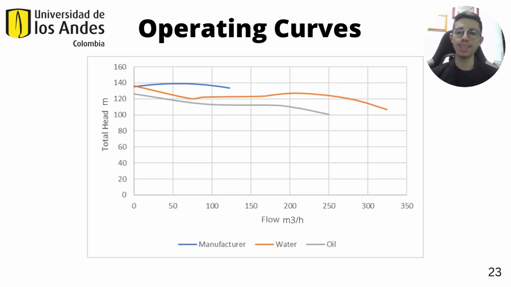Alright, I'm going to present the operating curves. As shown in the figure, the total head versus the flow rate of the manufacturer pump and the design pump with water and oil. As mentioned before, we present axial behavior in the flows of water and oil, in comparison with the manufacturer's curve that has a radial flow, which is one of the target flows when we design a pump, since it provides optimal behavior in a certain range.